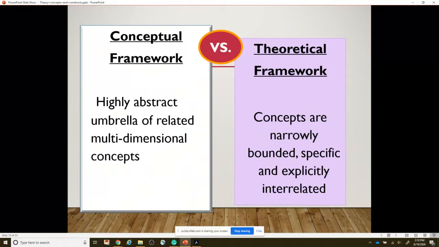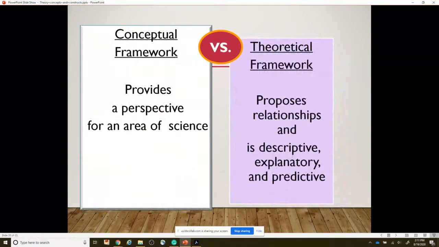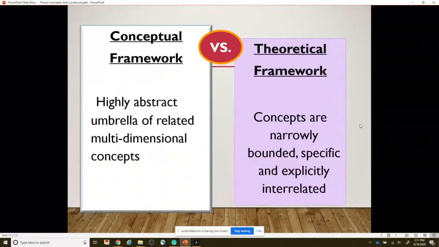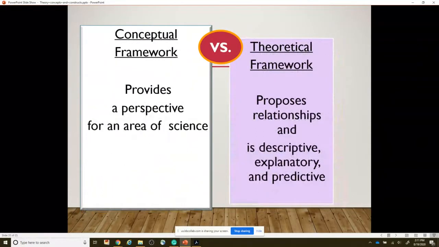Theoretical frameworks are more narrowly bound, and the issues tend to be more specific and explicitly interrelated. Conceptual frameworks provide perspective for an area of science, whereas theoretical frameworks are more descriptive, explanatory, and predictive.